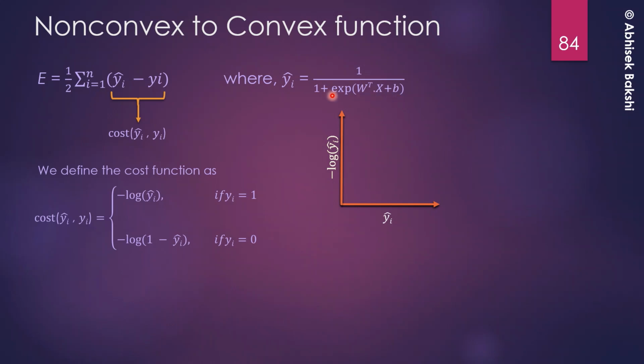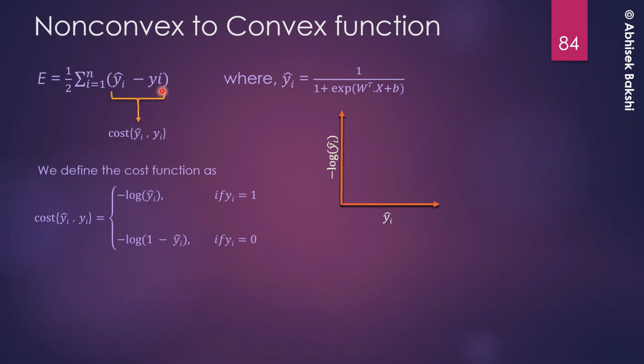If we try to find a derivative of this, you will see that it's a non-convex function. So if you try to apply gradient descent directly on this, mathematically it's not possible to reach the global optima. That you have already seen.